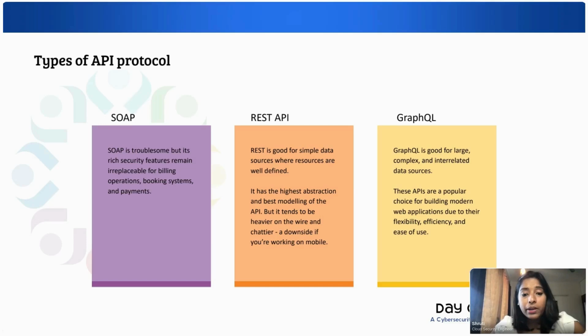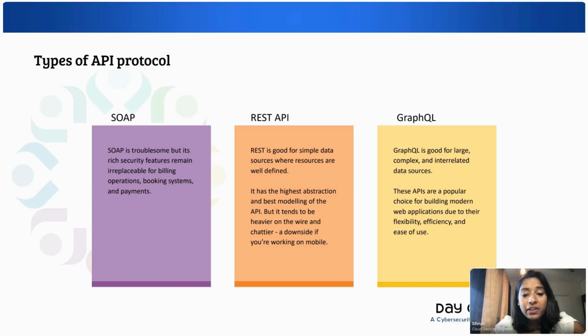It is protocol independent, platform independent, and supports several security standards, making it a very secure choice for transmitting sensitive data. Yeah, but it can be complex to implement and may require specialized expertise, but its rich security features are still irreplaceable for billing operations, booking systems, and payments.